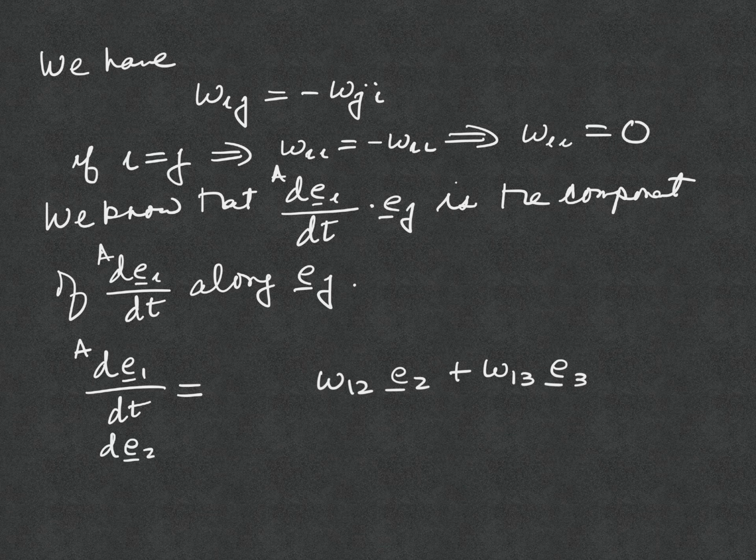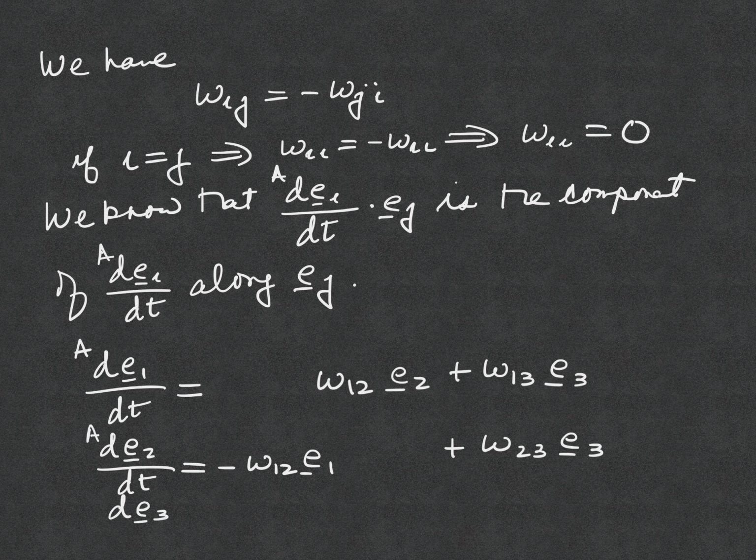Similarly, dE2/dt in A is equal to, because these components omega ij are equal to negative omega ji, minus omega 12 E1, and then plus omega 23 E3. And then the last rate of change, dE3/dt in A, is equal to minus omega 13 E1 minus omega 23 E2, where the terms along the diagonal are all 0 because omega ii is 0.